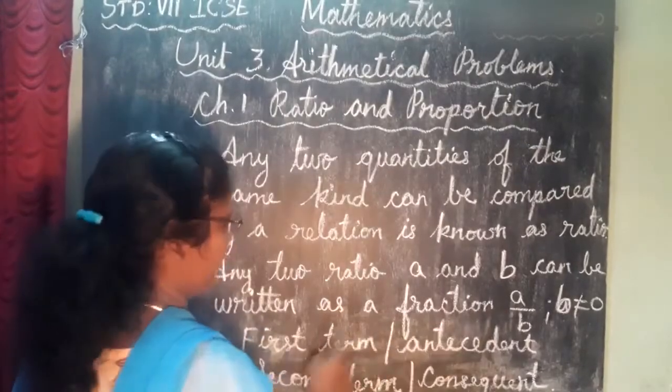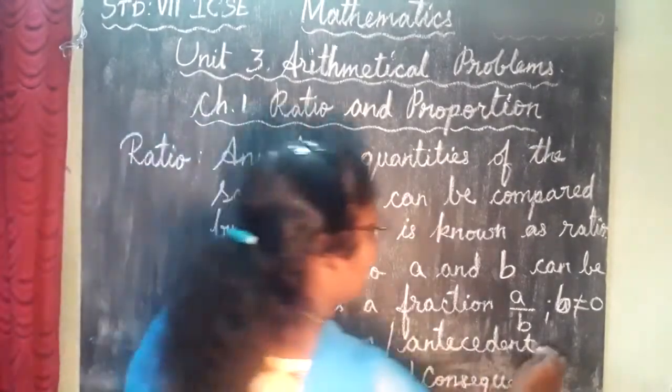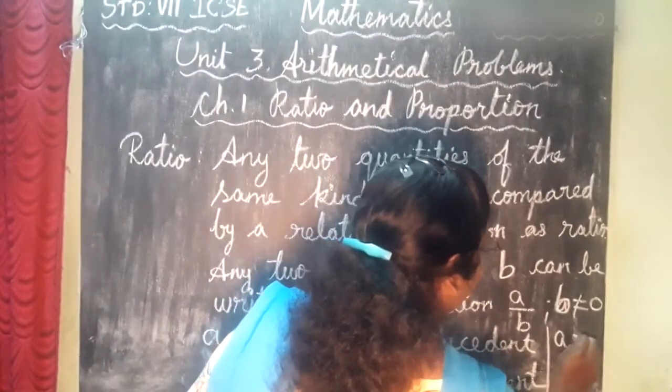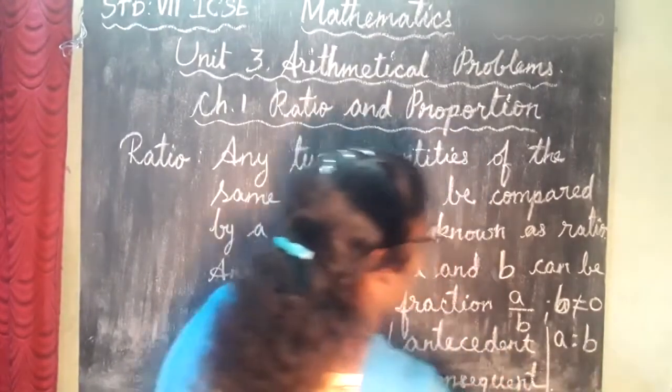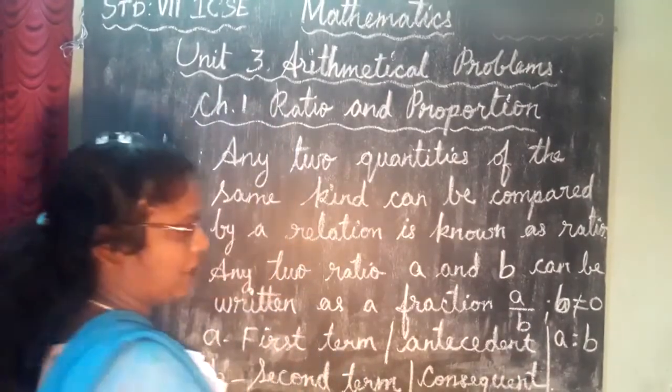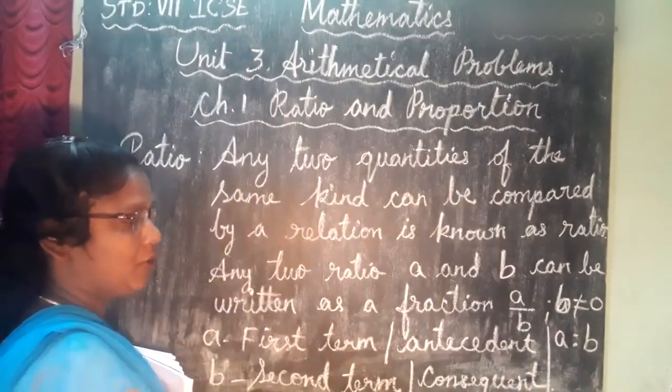A is called the first term, and it is written as a ratio A is to B. A by B is written as a fraction. How to write it in the ratio form?